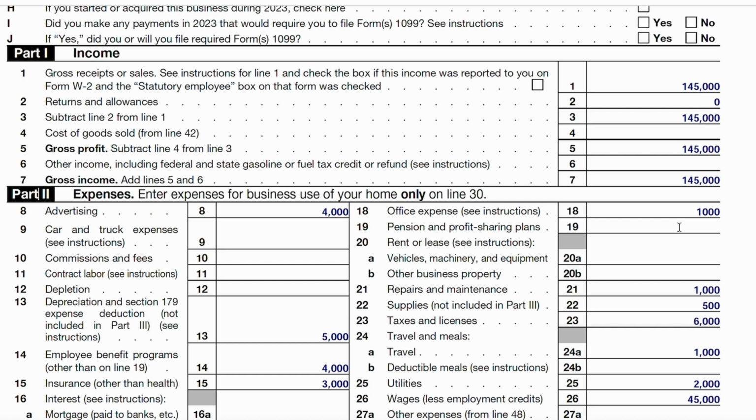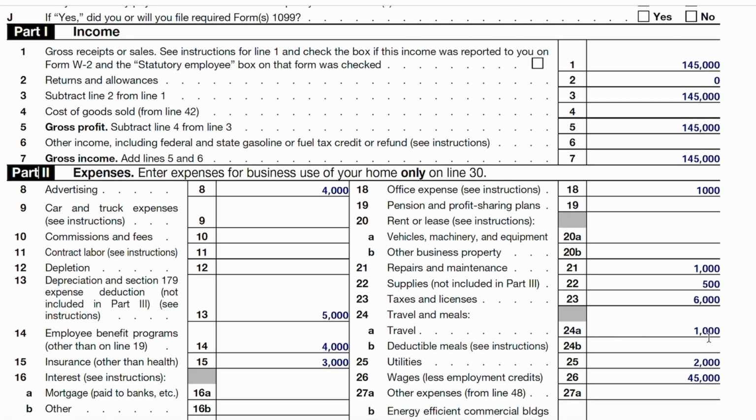She has gross income of 145,000, but for generating that gross income, she would have incurred a lot of expenses like advertising, depreciation, taxes, payroll taxes, travel expenses, and the wages that have been paid to employees.